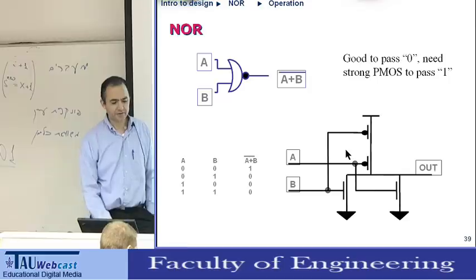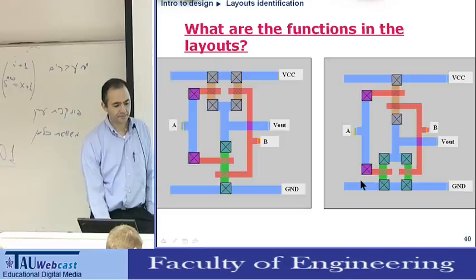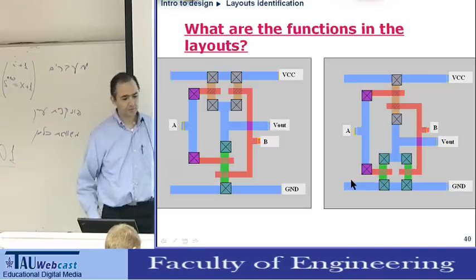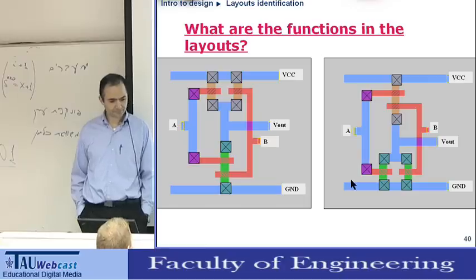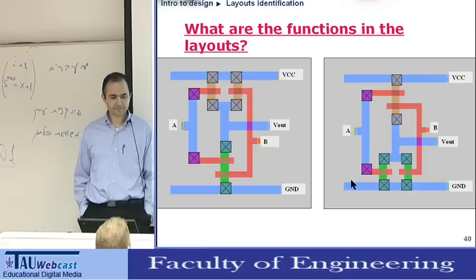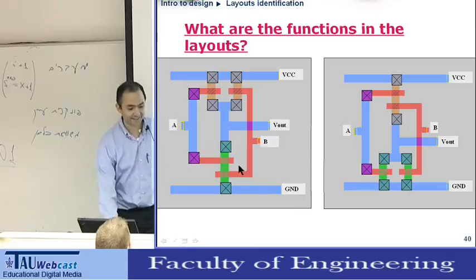Okay. We can also do NOR gates, and the difference between the NOR and the NAND is just the different ways we organize the N channel versus the P channel transistors. What's the function of this layout? Which one? Good question. So let's start with the left one.